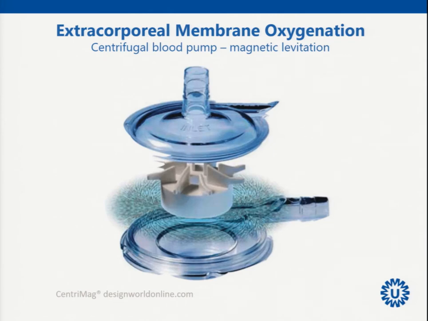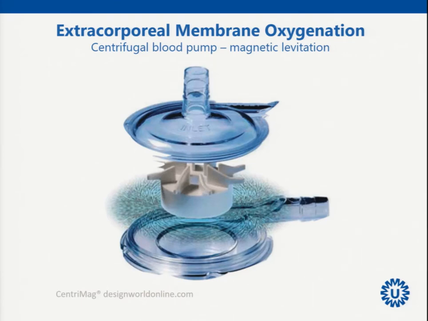They are not occlusive, so that means if you clamp the circuit, then you will not risk a rupture of the circuit. The pump is very afterload dependent, so the blood will not flow anymore, and the pump will simply stop.